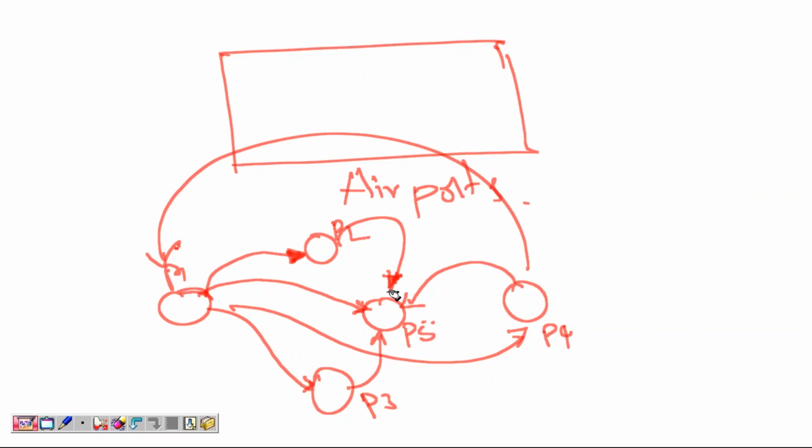Now you tell me, there are 5 ports involved here. Which airport is popular in departures? Come on, all of you, anybody? P1, sir. P1. Now, which airport is popular in arrivals? P5, sir. P5.